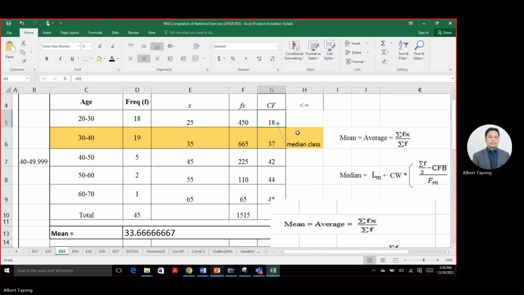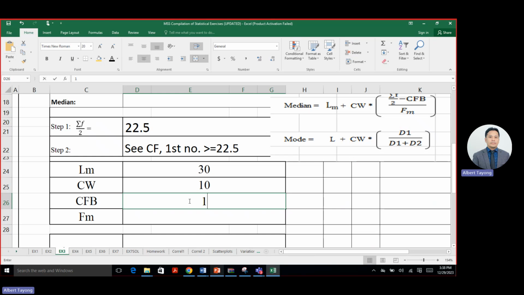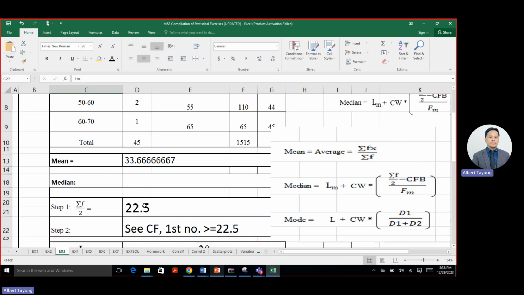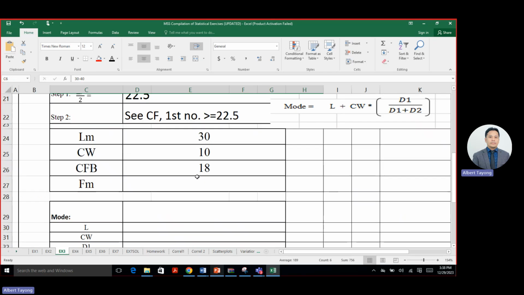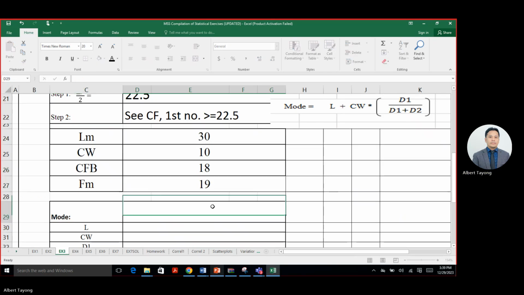Here we have 18 above the median class, so this will be 18. And FM is the frequency of the median class, that is 19.